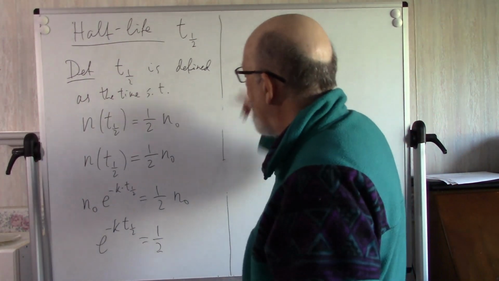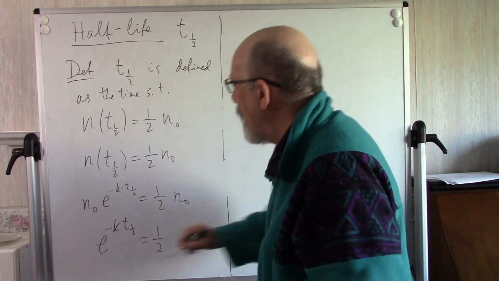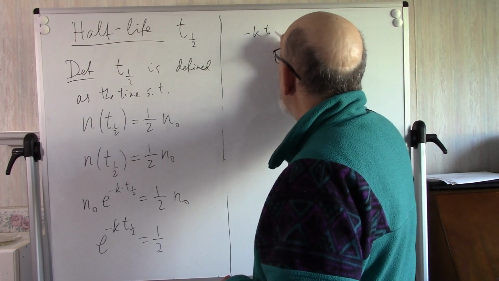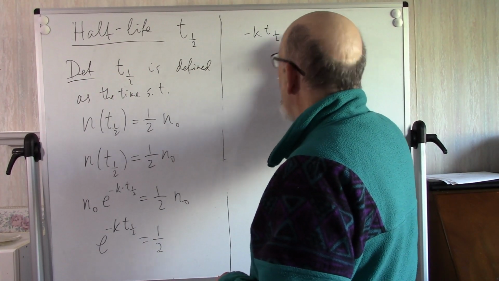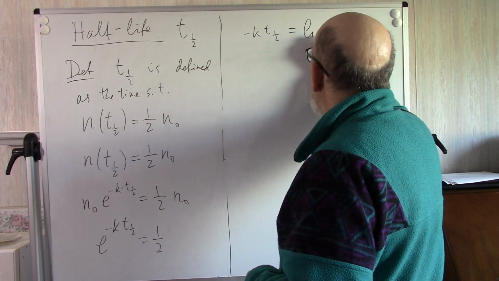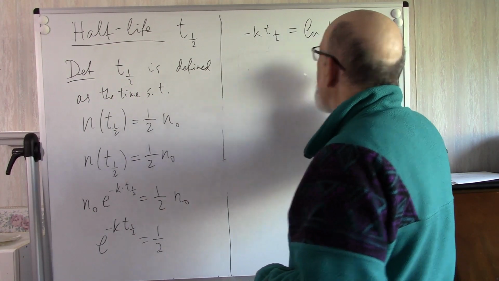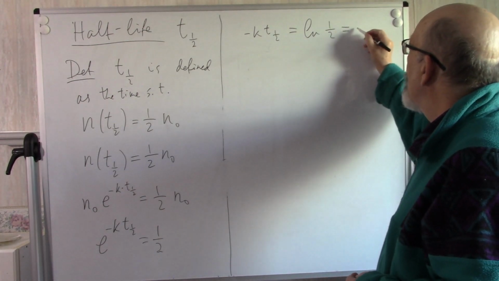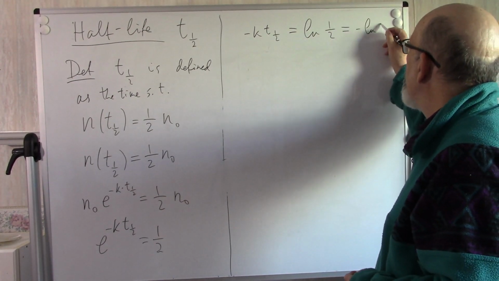Logarithm of the left hand side is what is on the top, minus k t 1/2 equals logarithm 1/2. No, logarithm 1/2 equals minus logarithm 2.